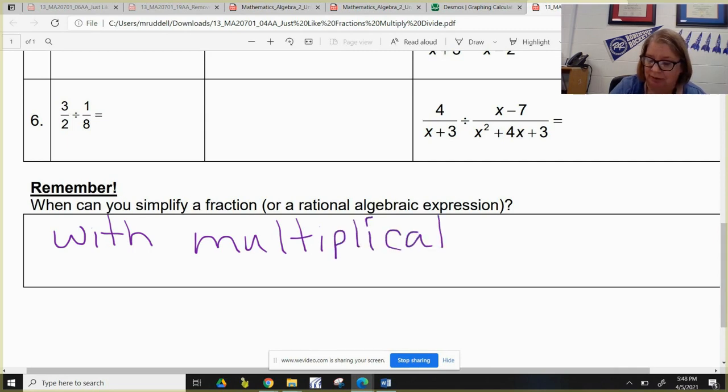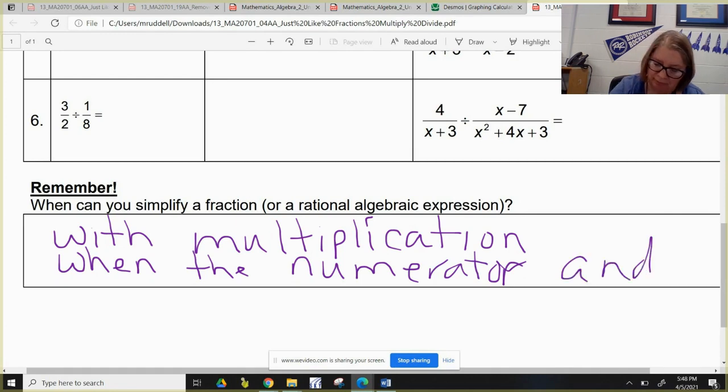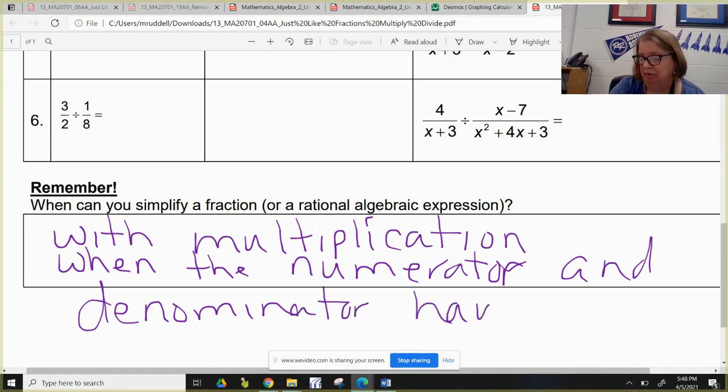I can't spell it and talk at the same time. Okay. With multiplication, when there are common factors, get real fancy here, numerator, which is the top, and the denominator, which is the bottom, have common factors.